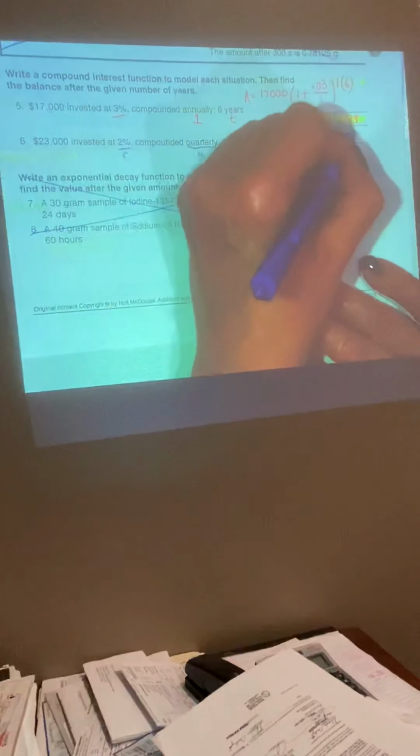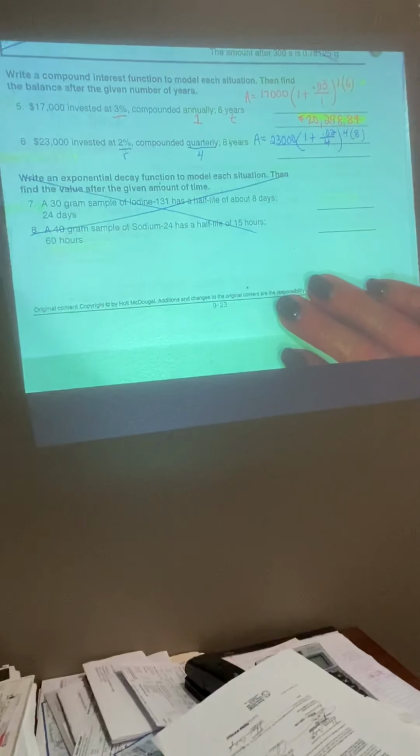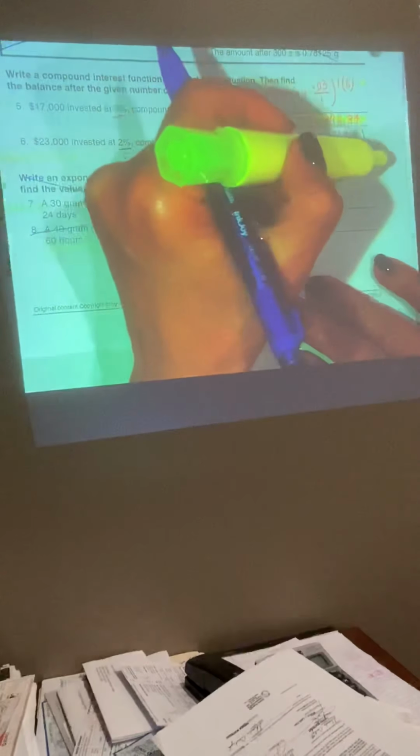My N is 4 to the N and T. Okay, we set it up, and when we get our answer, we should be getting this answer when you do it. $26,979.99. And that's how we do these problems.